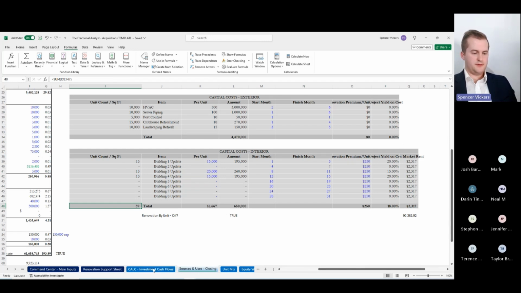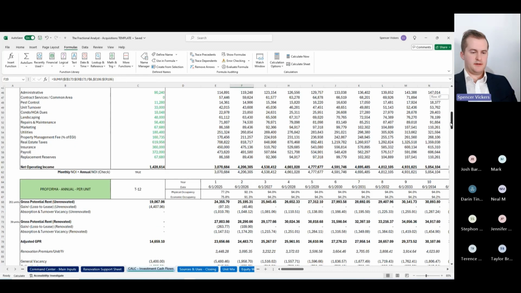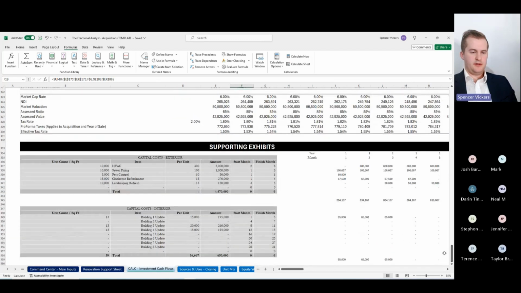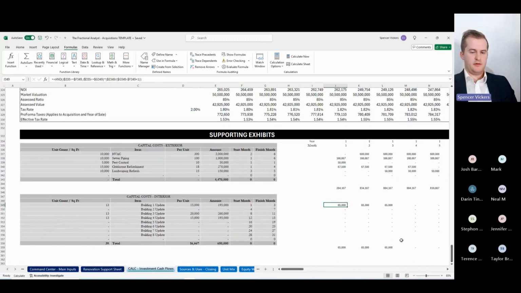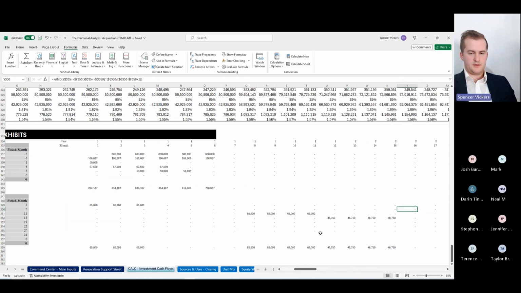So this is doing what it's supposed to. This is the revenue side of it. The cost side is being calculated as a supporting exhibit down here below, and it's doing those renovations across those months that we specified back on that tab. And those are when those costs are being incurred.